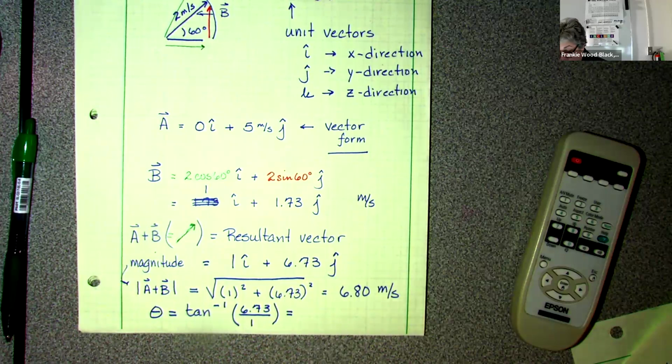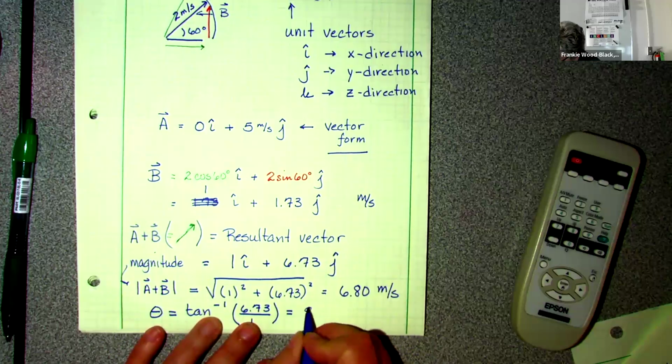I'm going to first make sure, I'm teaching physics 2, and in physics 2, I have to be in radians, and in general physics 1, I have to be in degrees. So I've got to make sure my calculator's in the right spot. And this gives me an angle of 81.5 degrees.